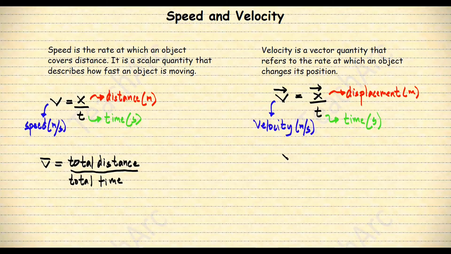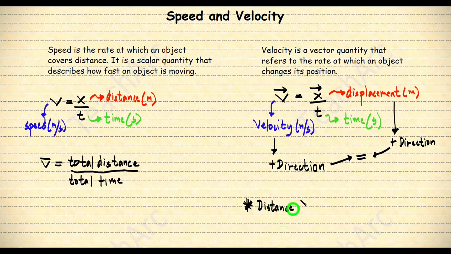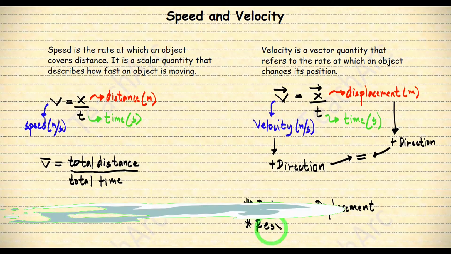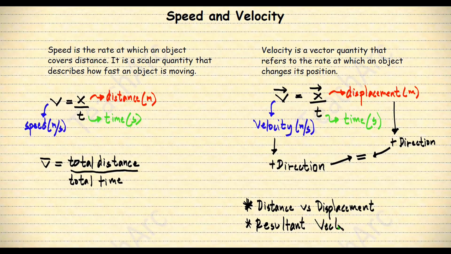And since velocity is a vector quantity, it requires direction, which will come from its displacement. So for us to be able to solve speed and velocity problems, I am expecting that you know the differences between distance and displacement, as well as how to find the resultant vectors.